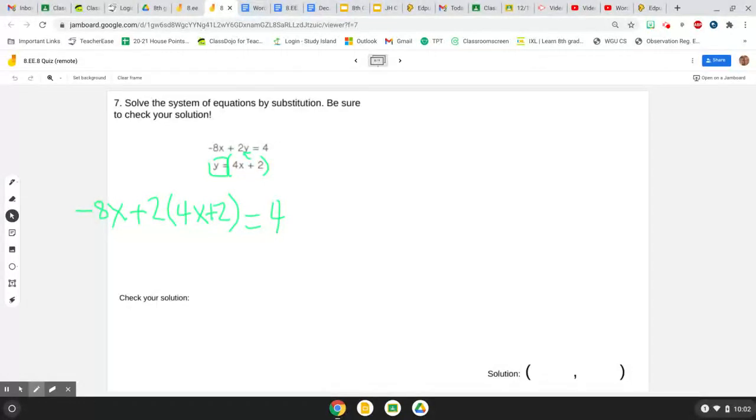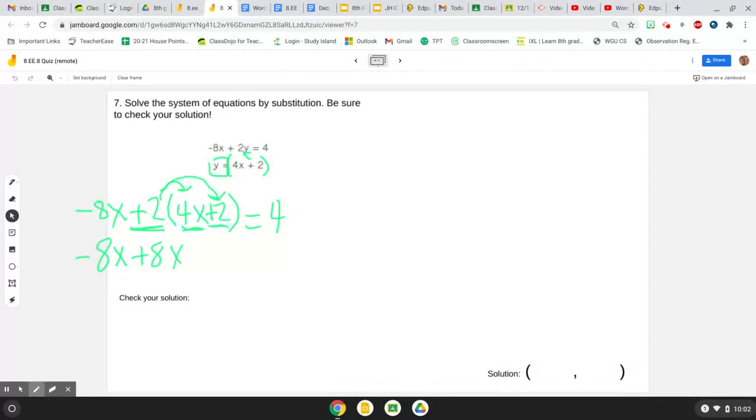Now I can solve, okay? So I need to go back to my solving steps for just a normal equation. So distributive property comes first, and I have -8x that I'm just bringing down. But when I distribute, I have a +2 times a +4x, which gives me a +8x.